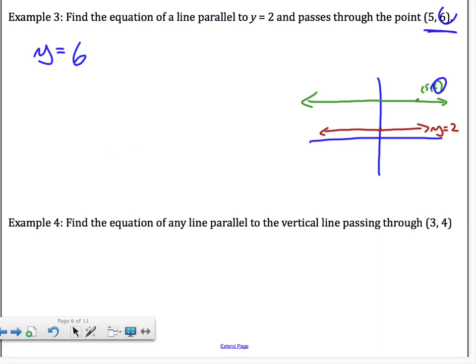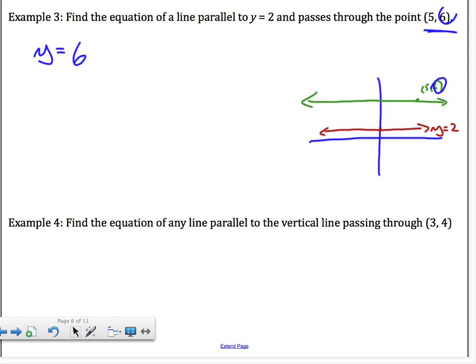Okay. So on the flip side, we have an equation for any line that is parallel to the vertical line which passes through (3, 4). So what's the equation of any vertical line going to look like, Tyler?